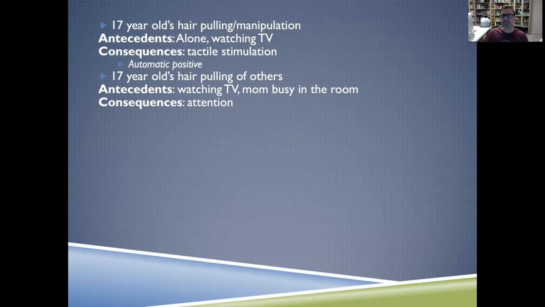Now, it's very difficult to implement extinction in this case because, and I did, when the child bit me, there were tears coming down my eyes, but I continued implementing the procedure. So I didn't remove the task. I didn't give the negative reinforcer, nor did I react, which is very difficult.